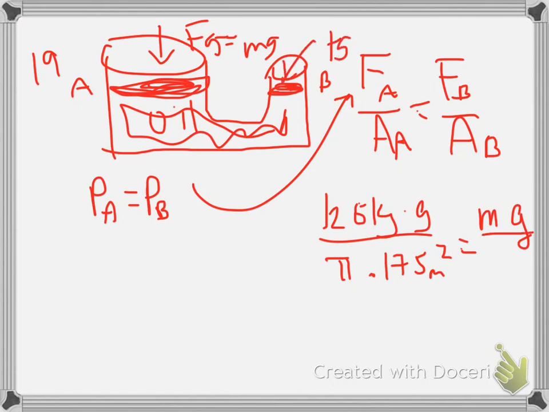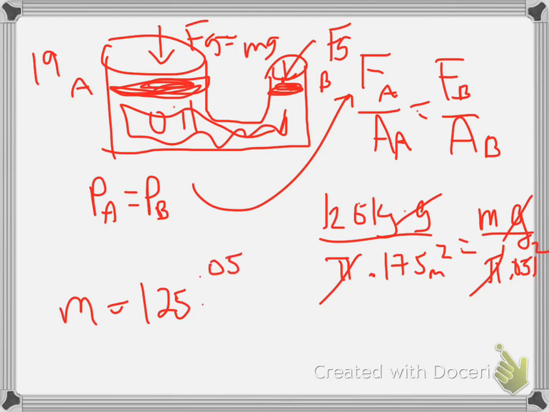That's going to give you another weight that's going to balance it. And this is pi times, it's 10.2 centimeters, so it's times 0.051 squared. The g's go, the pi's go, so m is equal to 125 times 0.051 squared divided by 0.175 squared.